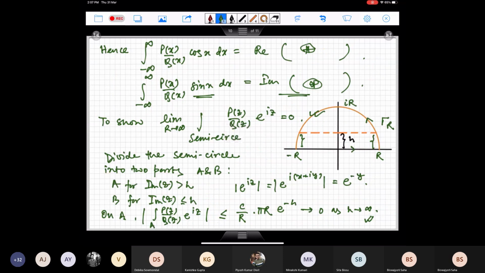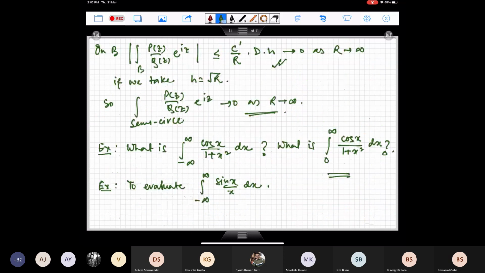Now I can't do that anymore. So if you think of writing things blindly, we can't write the integral of sin x upon x dx as the imaginary part of the integral from minus infinity to infinity of e^{ix}/x dx. So I can't write this.